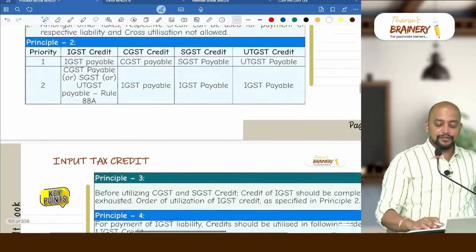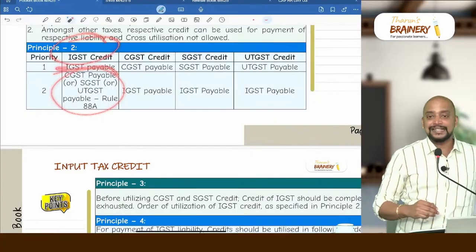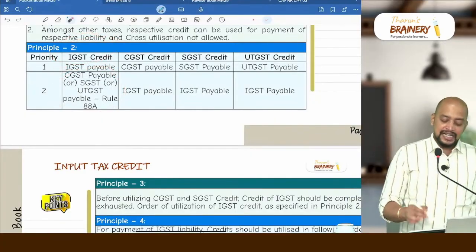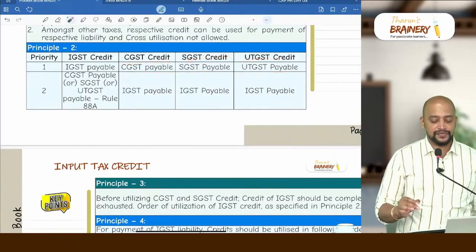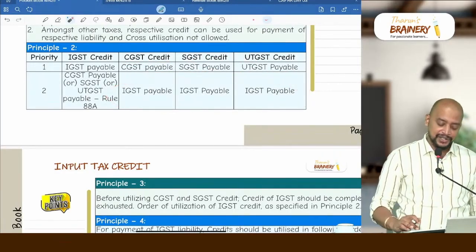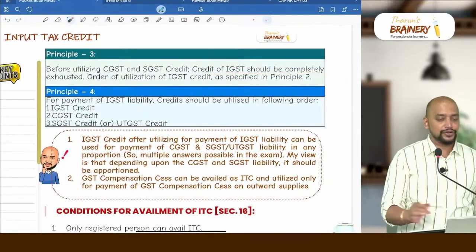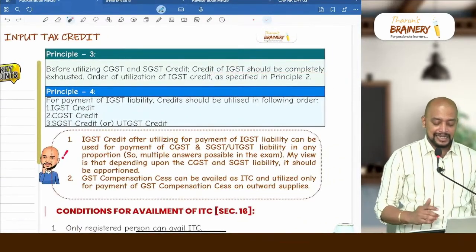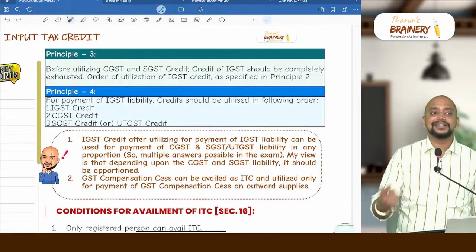IGST credit should be first utilized for payment of IGST, then for CGST, SGST, UTGST. CGST credit first for CGST, SGST first for SGST, UTGST first for UTGST. If you have any balance, that will be utilized for payment of IGST. Principle number 3, we should exhaust IGST completely before utilizing CGST, SGST credit. Last principle: I have all the credits but only one liability, that is IGST liability.